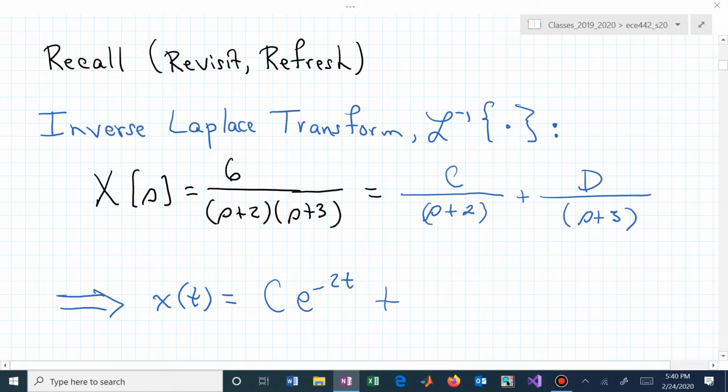Because you know the poles are at -2 and -3. Those are the values of s that cause those denominators to vanish. Those now give you your modes, e to the -2t and e to the -3t. So now we have D weighting e to the -3t, and that's now t greater than or equal to 0.